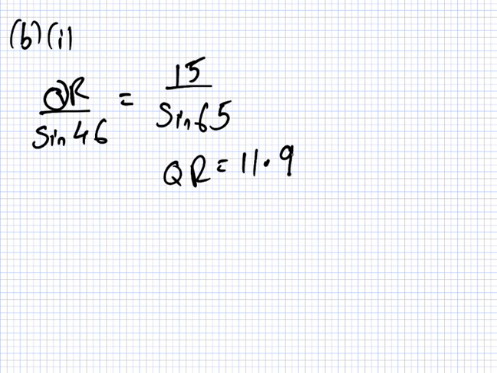Because we cannot use the other triangle since we only have two pieces of information on that triangle. We should use the triangle on the left because we have three pieces of information. Two is never enough. We must have at least three. So we're not able to use the triangle on the right. There's not enough in it.